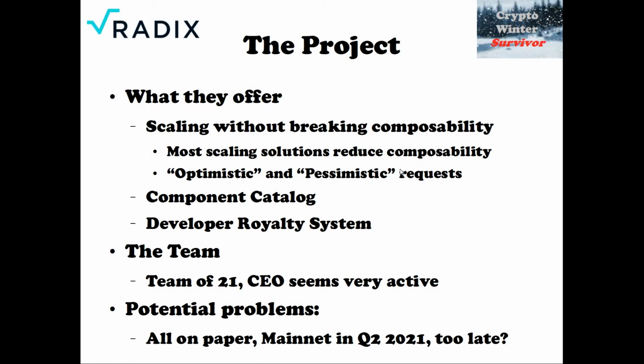And this is very hard to do with the scaling solutions that, for example, Ethereum is looking at, because they want to do sharding in a way that kind of gives everyone their own blockchain, and it's kind of hard to have these blockchains interact with each other in a single transaction.